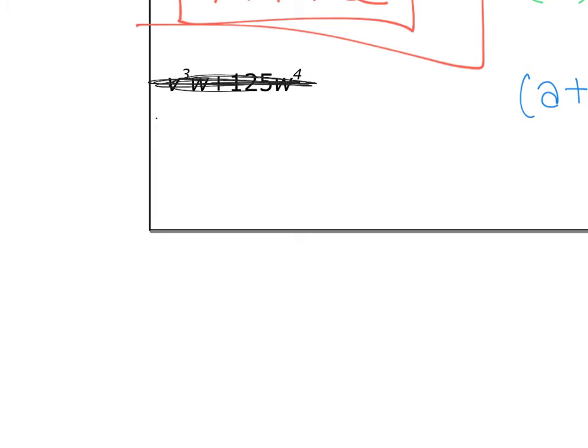So I want to write this as v to the third minus 125w to the third. Okay, so the first thing we want to do again is try to establish our a and our b. So we do that by thinking about taking the cubed root of both of these terms. So v to the third, if I take the cubed root of that, I get v.